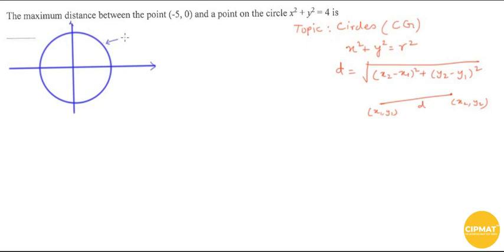This circle is x² + y² = 4, and we know that the radius of the circle will be 2. So this point over here will be (2, 0), and this point will be (-2, 0), and we have some point over here, (-5, 0), and I want to find out the maximum distance of a point on the circle from this point.